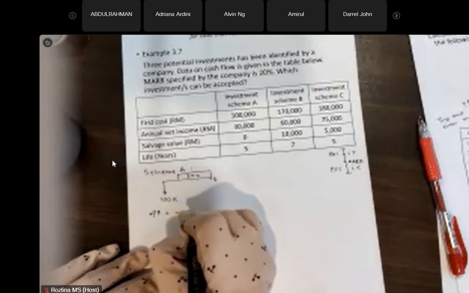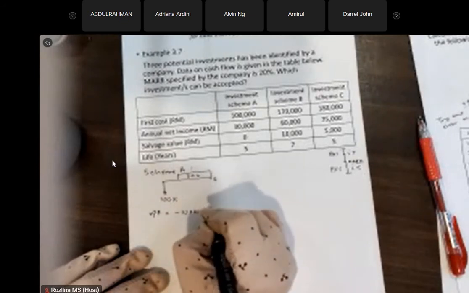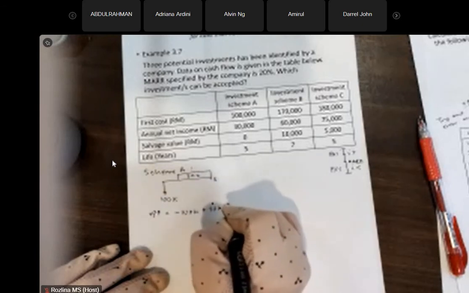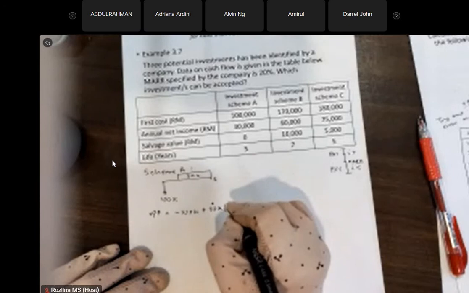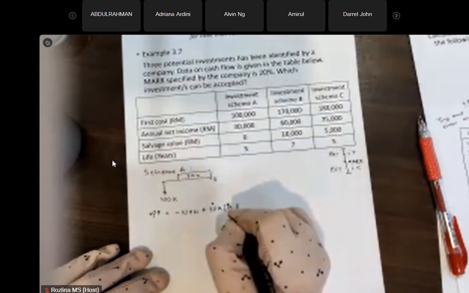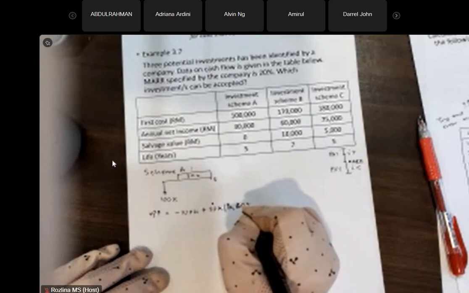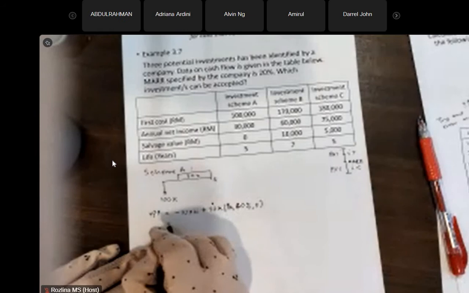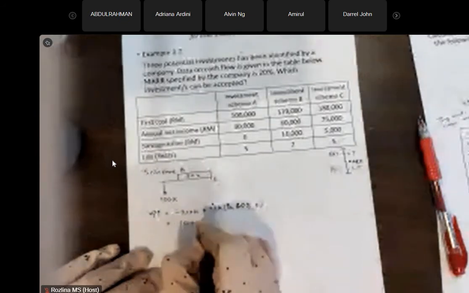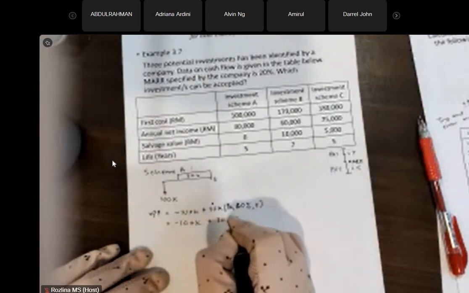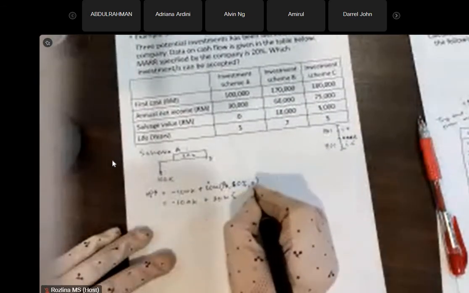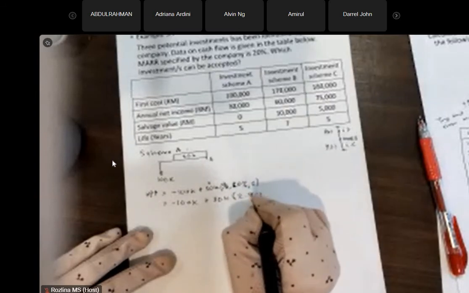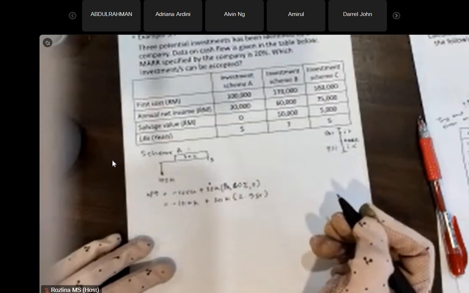Negative 100k plus 30k, this is A, right? So P over A, at 20% for 5 years. When you put the value of P/A 20% 5, it is 2.991.